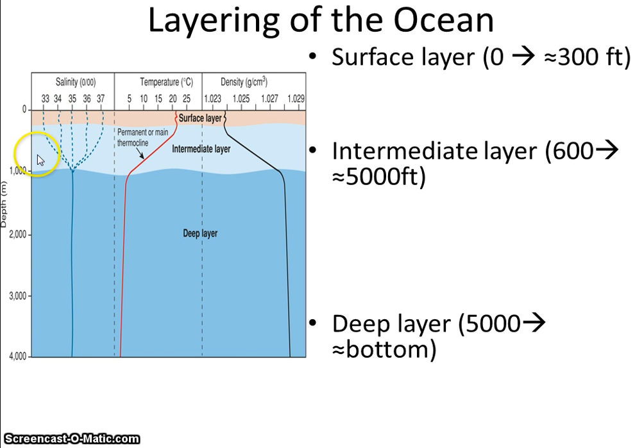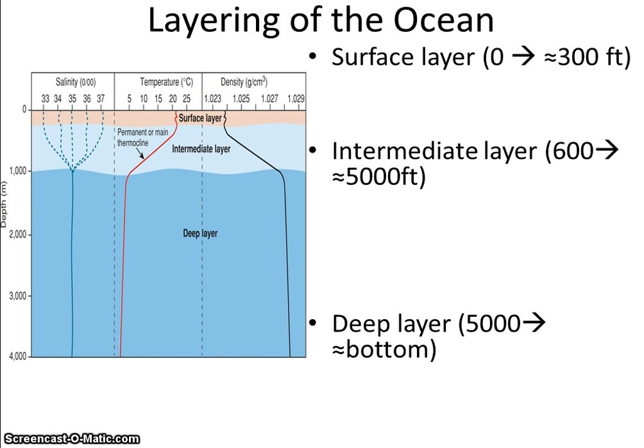So as you move down the y-axis, you're actually getting deeper and deeper in water. On the x-axis, you can have anything. Here we have three things. We have salinity, temperature, and pressure. And as the points move further to the right of the x-axis, that means that those points are getting more salty or warmer or more dense. And as the points move further to the left, that means that they are getting less salty or colder or less dense.